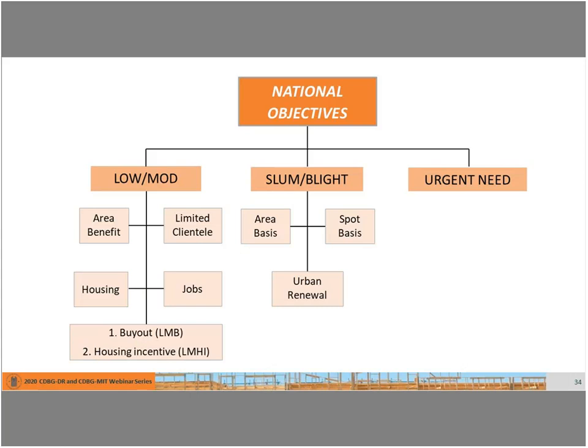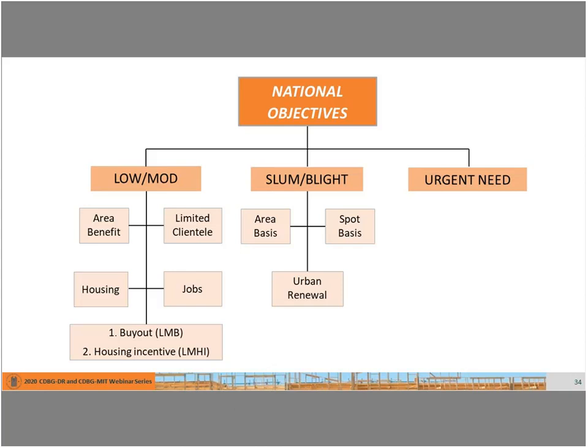For those of you who may be new to DR, and also fairly recently, there have been 2 additional national objectives that have been identified to be used with buyout programs. The first is low mod buyout, and this is when community development block grant disaster funds are used to buy properties that are owned by a low mod household, where the award amount, including optional relocation, is greater than the post-disaster value of the property.